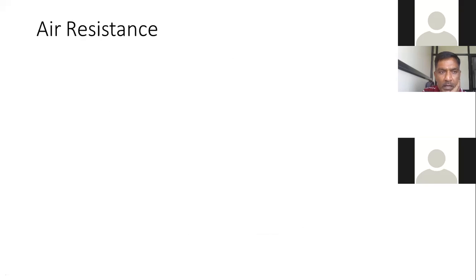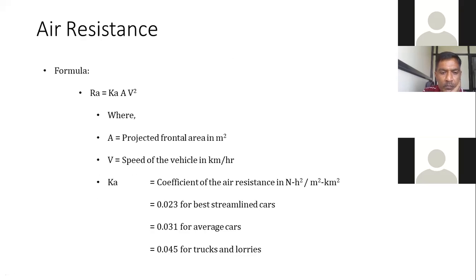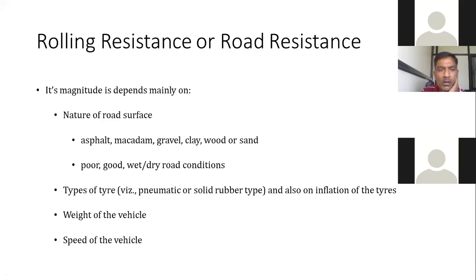So this is about air resistance. Next is rolling resistance, which we can also call road resistance. Remember that rolling and road resistance are the same. Whenever total road resistance or total resistance is considered, we consider air resistance, rolling resistance, and gradient resistance.